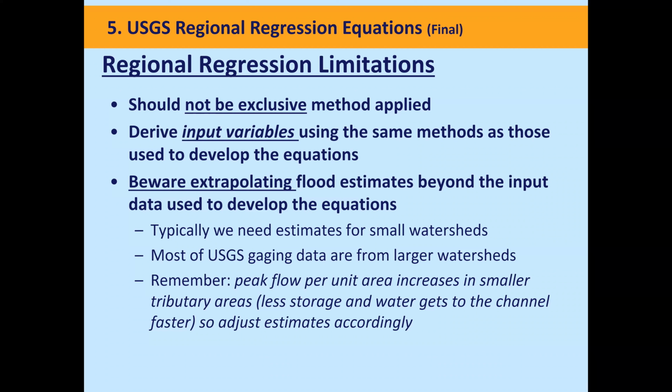And just to remember, as you get to smaller watersheds, peak flow per unit area increases, and that's just a function of the watershed being smaller and less distance to get to the stream, where other factors like storage are less, and it could just generally be a little bit flashier.